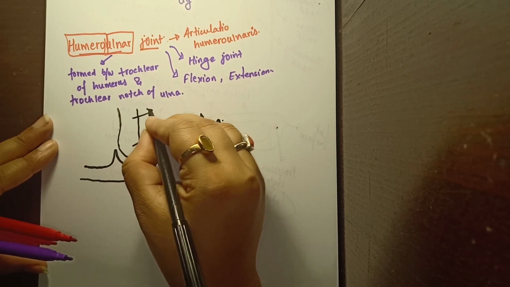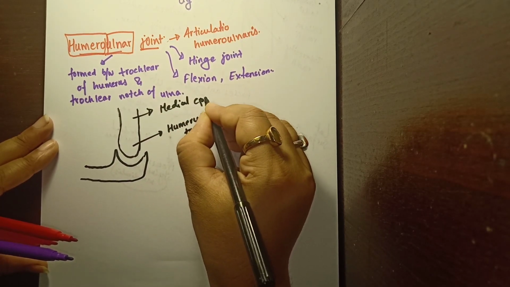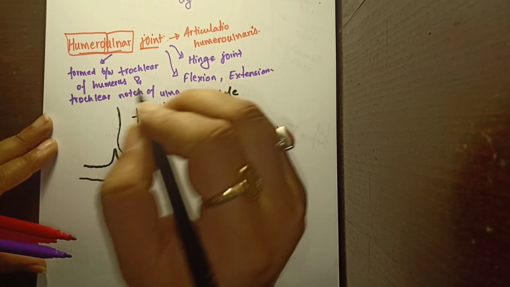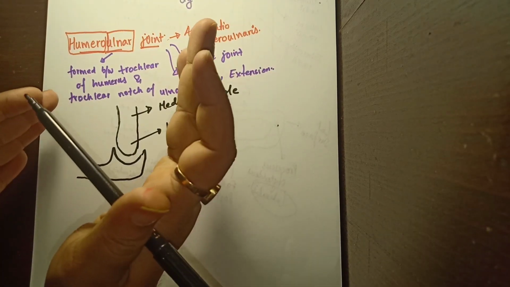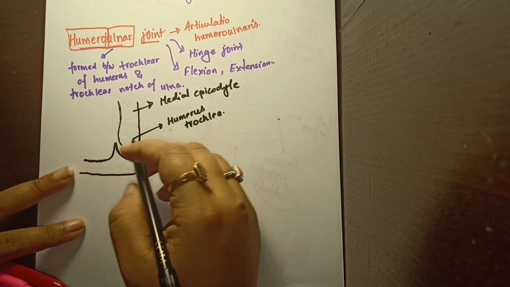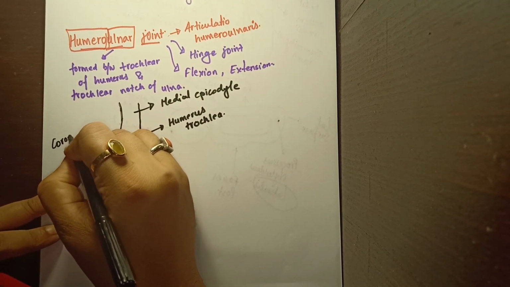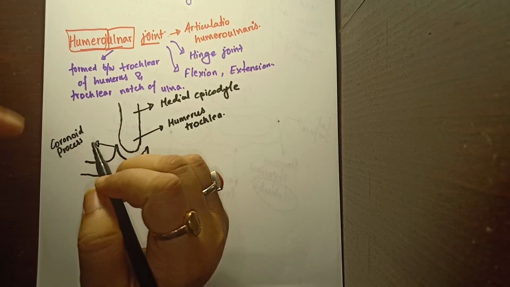Okay, it's a medial epicondyle. Yes, sorry, not lateral, it's a medial epicondyle, because the ulna will join at the medial side, but we are seeing the lateral side. Here we have the coronoid process, that I showed you before.